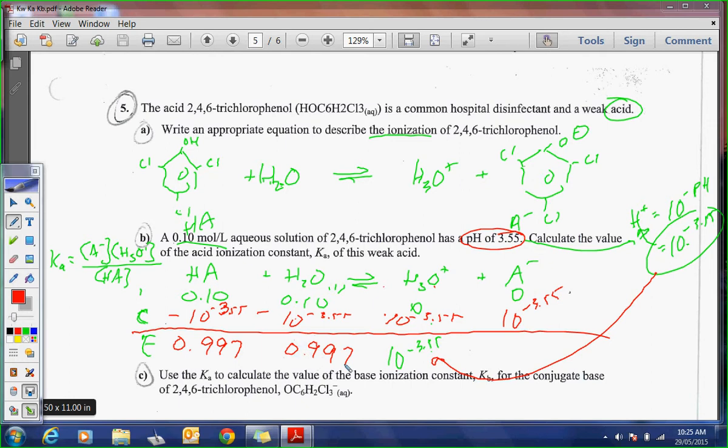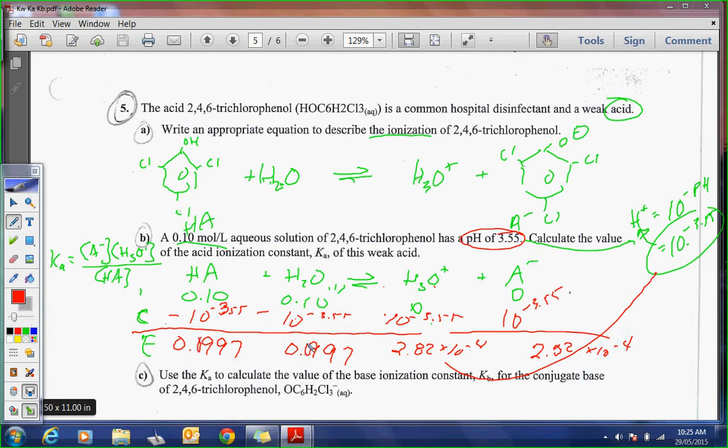And this is 10 to the power of negative 3. What did you say that number was? 2.82 times 10 to the power of negative 4. Yes, 0.0997.